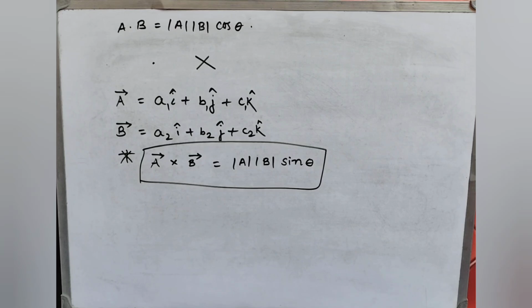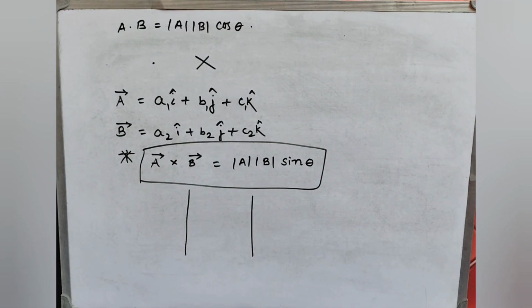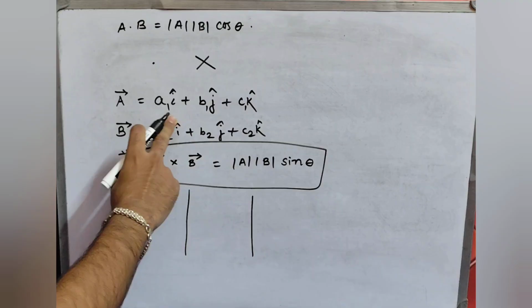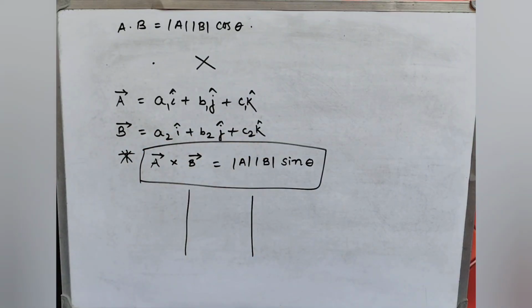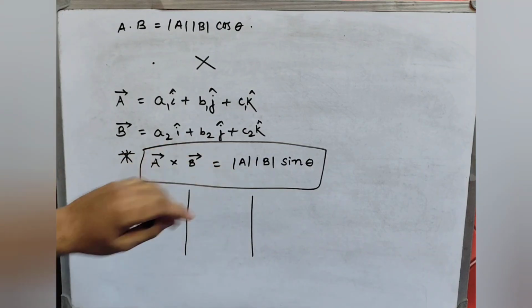Here is another representation of A cross B, which is also known as determinant, represented as this symbol. Suppose this is A vector, which is A1 i cap plus B1 j cap plus C1 k cap, and B vector, which is A2 i cap plus B2 j cap plus C2 k cap.